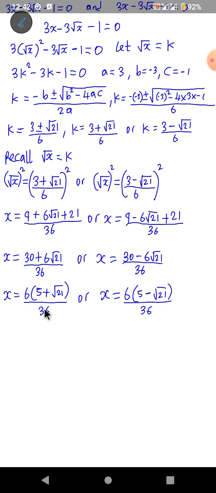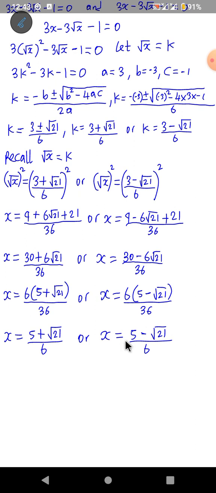Now 6 will divide 36, so we have x equal to 5 plus the square root of 21 all over 6, because 6 divided by 6 is 1, 36 divided by 6 is 6. Or you can say x equal to 5 minus the square root of 21 all over 6 also.